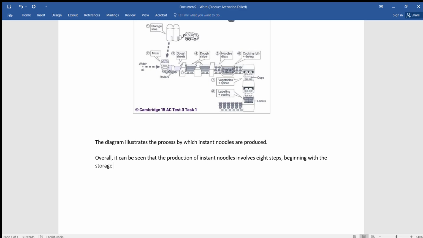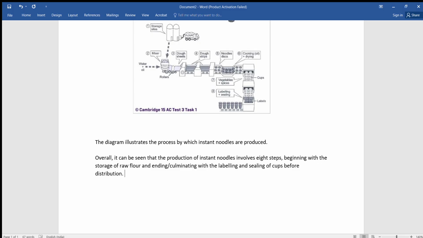Okay, storage of raw flour. And ending, you can say ending or culminating. Culminating means ending. Culminating with the labeling and sealing of cups before distribution.